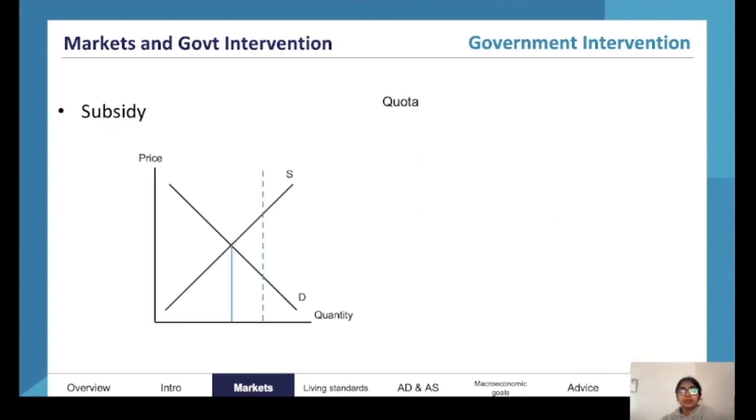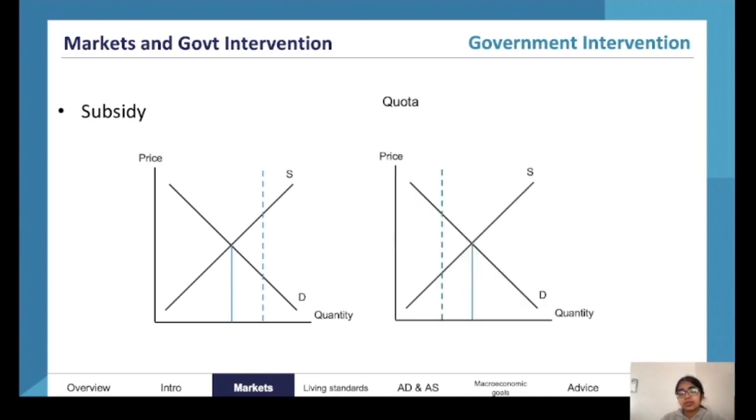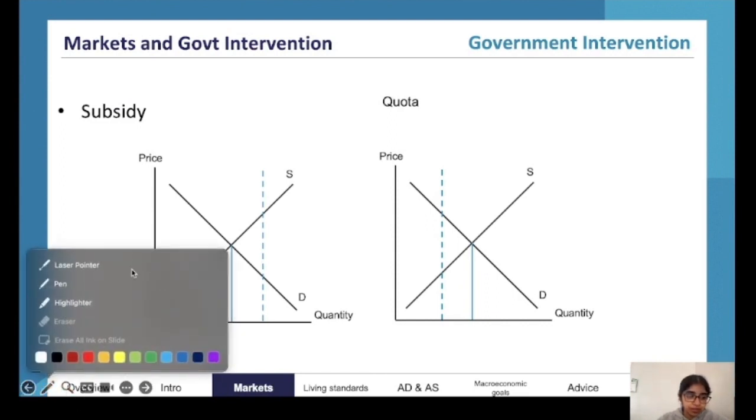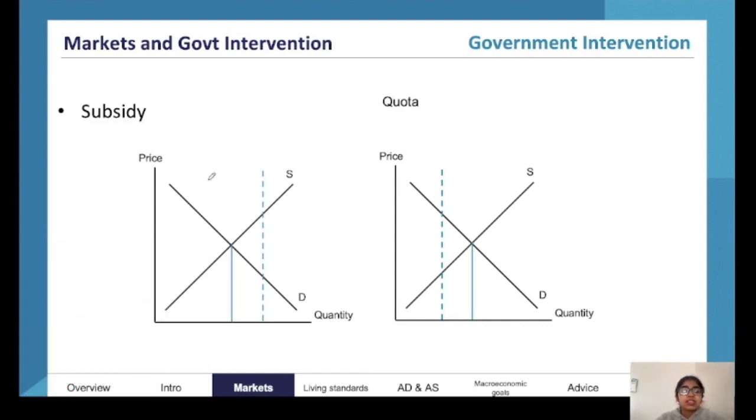Okay, so let's say the government subsidizes a certain good or service. Oh, I should probably draw this then. I thought I already drew them. Okay, so government subsidizes. This makes it cheaper to produce that good, lowers production costs, and makes suppliers more willing and able to supply. So supply 2.